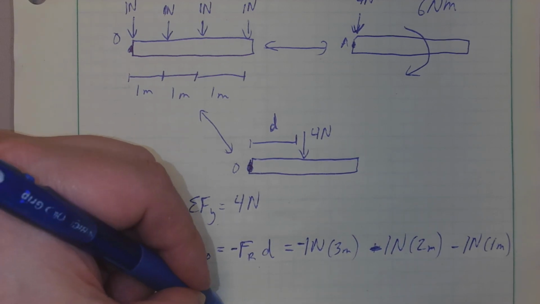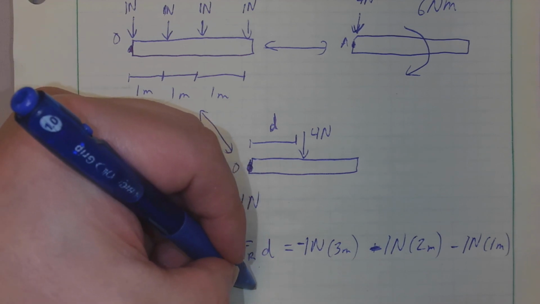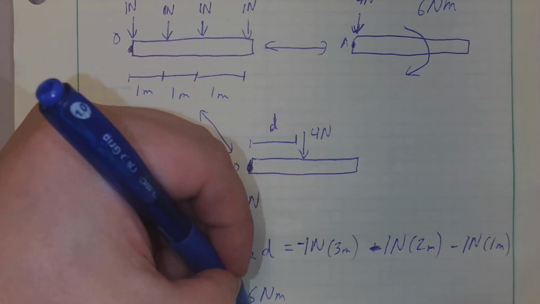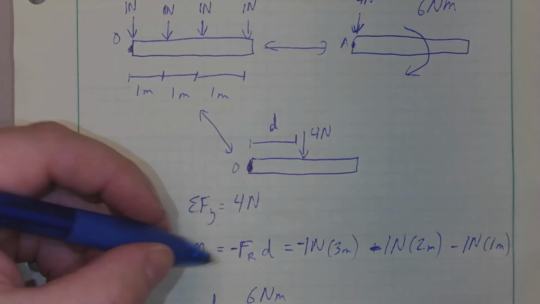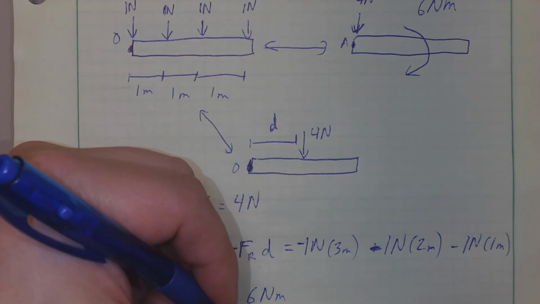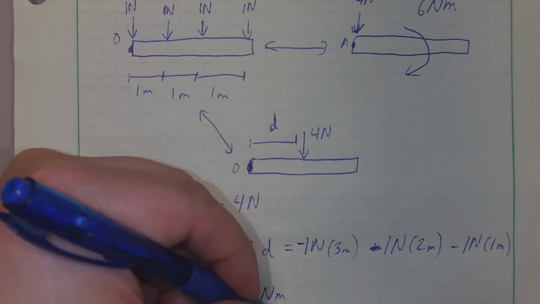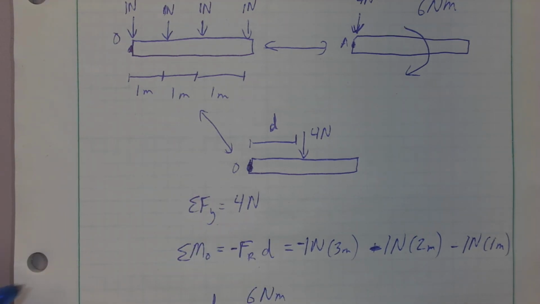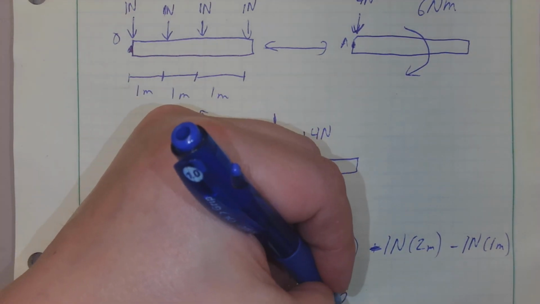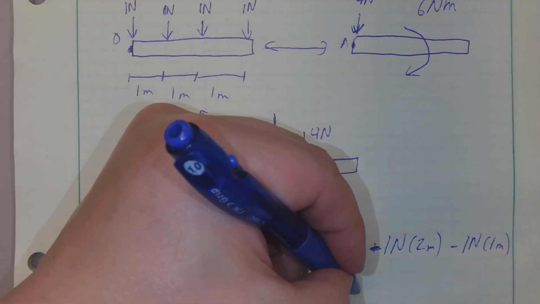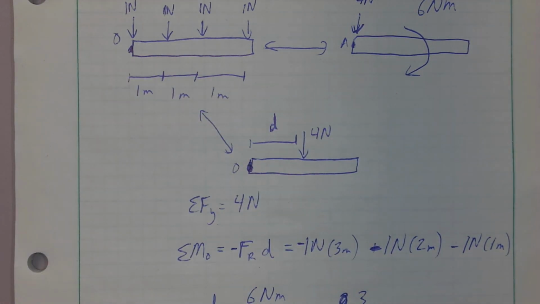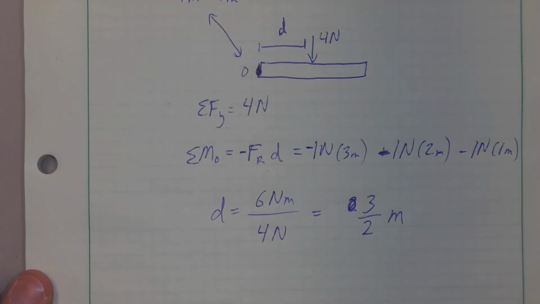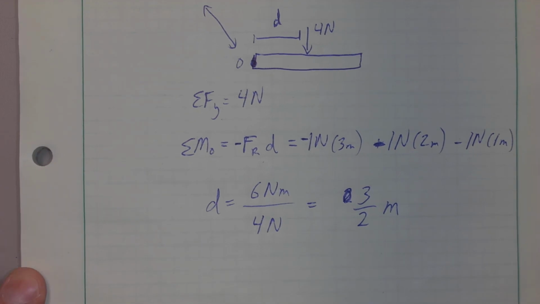So my distance then becomes 6 newton meters, that's my net moment here, divided by this resultant force of 4 newtons. And what do I get there? Well, I've got 3 halves of a meter. Sorry, you couldn't see that. I got 3 halves of a meter there.